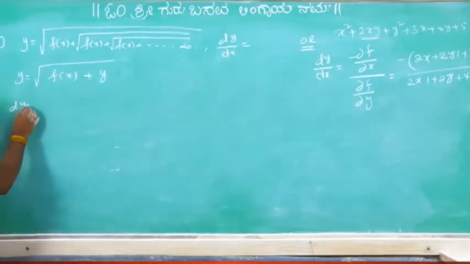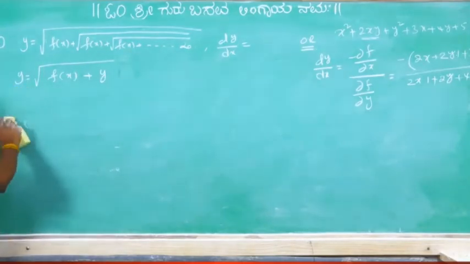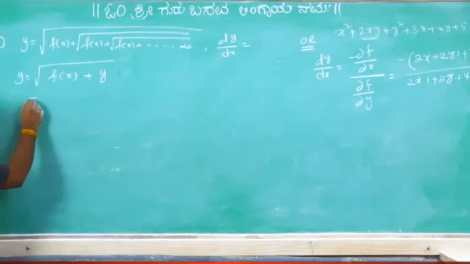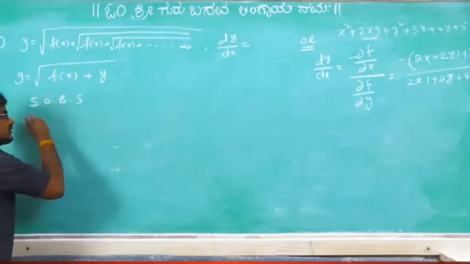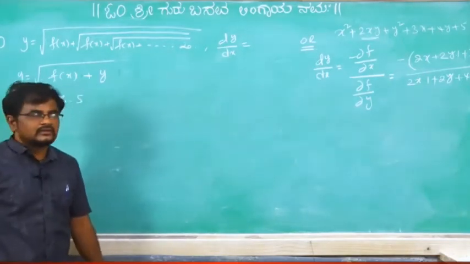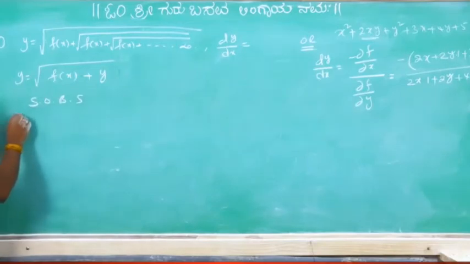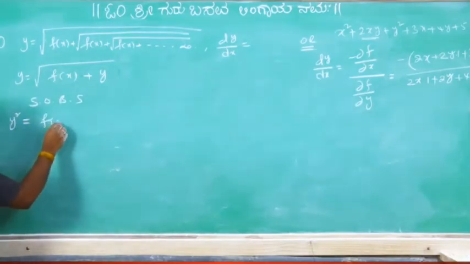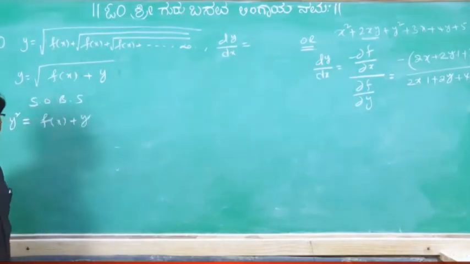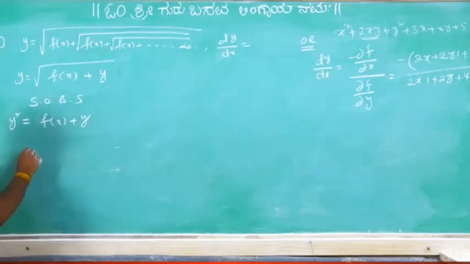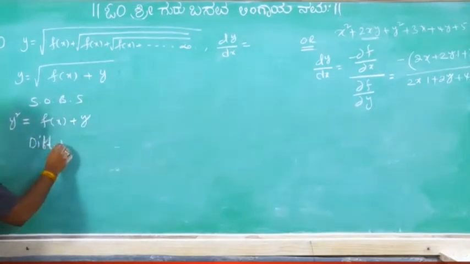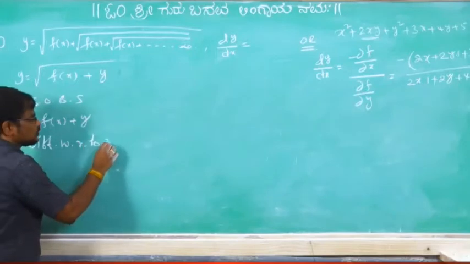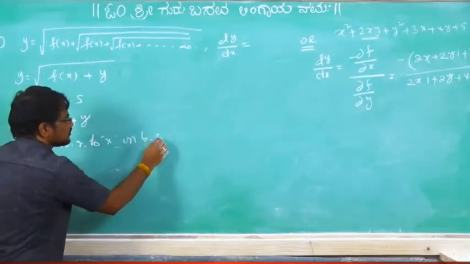So dy by dx means differentiating with respect to x. Otherwise you can simply square on both the sides. Squaring on both the sides means y square equal to f of x plus y. Now differentiate with respect to x on both the sides.